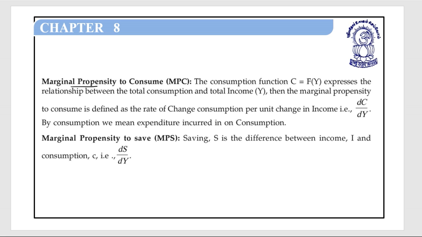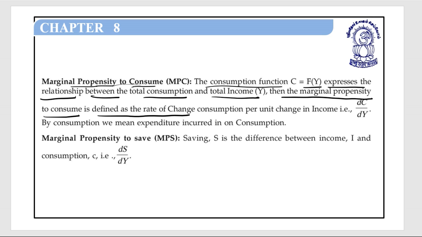Marginal propensity to consume. The consumption function C is equal to f of y expresses the relationship between the total consumption and total income y. Then the marginal propensity to consume is defined as the rate of change of consumption per unit change in income, dC by dy.